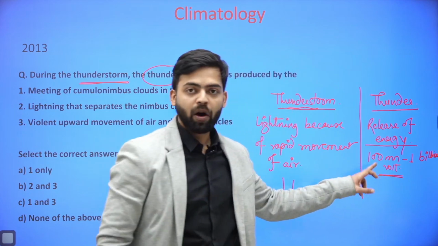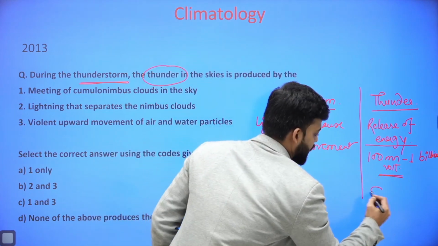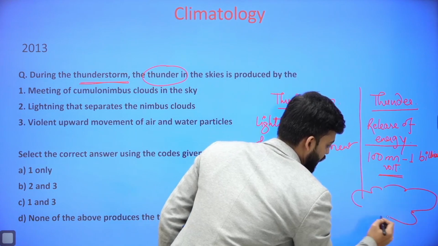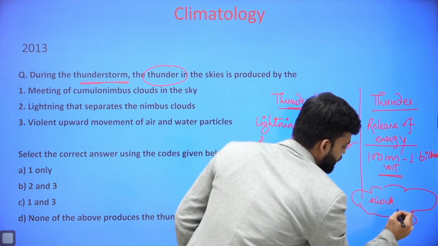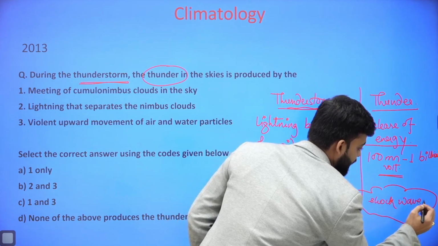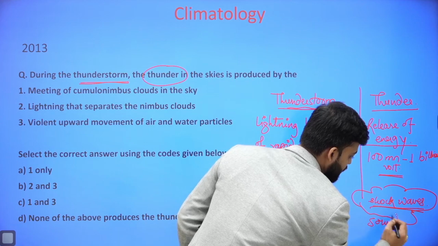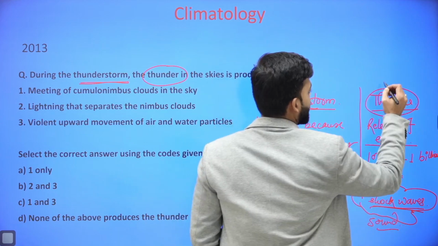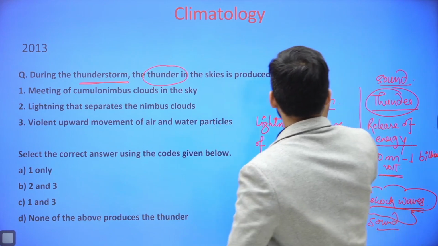Now this amount of energy, this high energy expands air, and because of this expansion there is release of shock waves, and these shock waves create sound, that is thunder. So thunder is basically sound, thunderstorm is lightning.